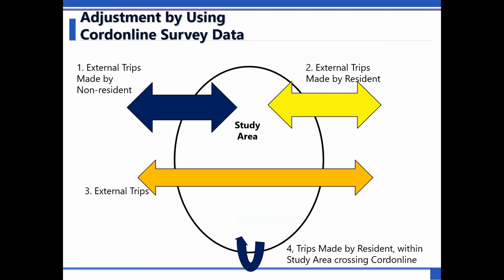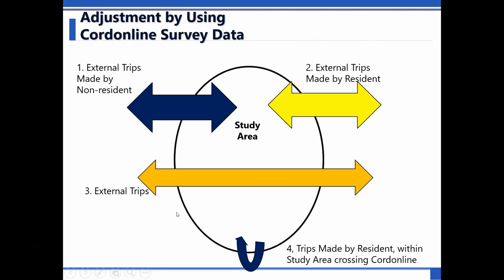Other further topics and how to adjust the OD interview results will be explained later. And from the cordon line survey, in total, 4 types of trips can be assumed.